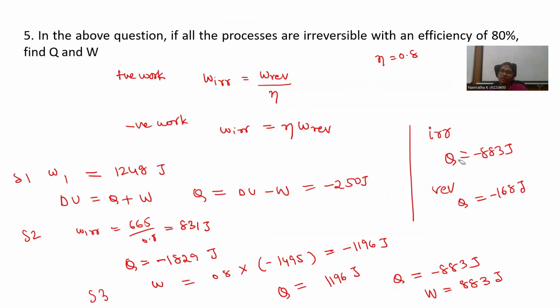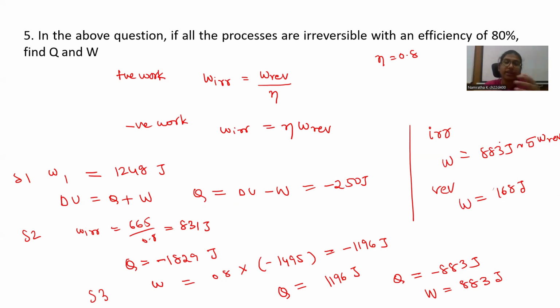Or I can talk about the work. Then I can say that this is around 5 times of work reversible. So though we are saying the efficiency is of 80%, here we are getting 5 times the work.